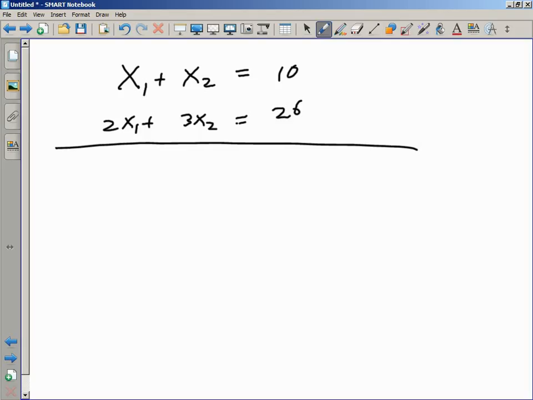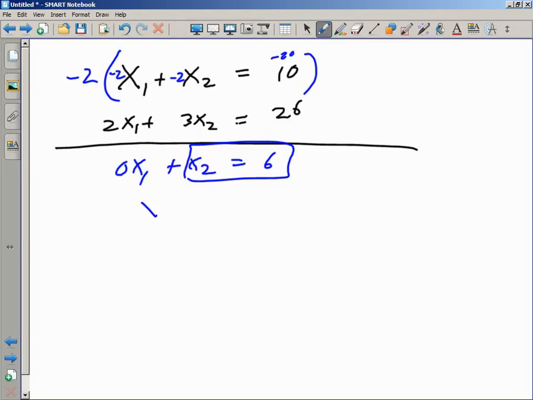Well, we can multiply this guy up here by negative 2, right? So this would be negative 2, and then negative 20, and then we just add them up. We get 0x1 plus x2 is equal to 6.